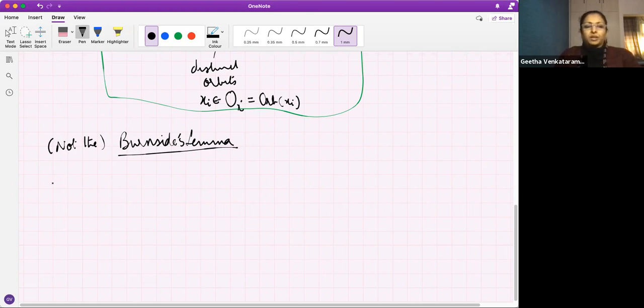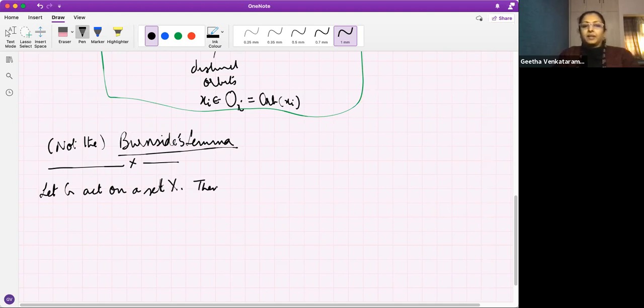I'm not yet coming to Burnside's lemma; this is still general. So let G act on a set X. I'm not writing non-empty, but the assumption is X is non-empty.